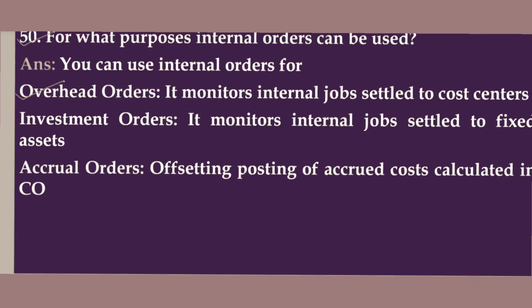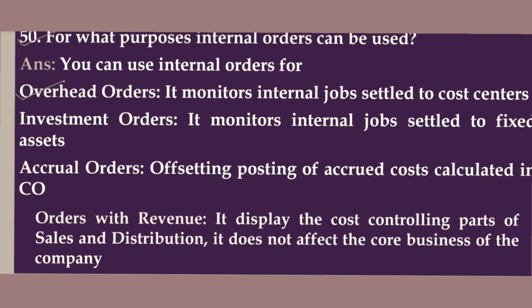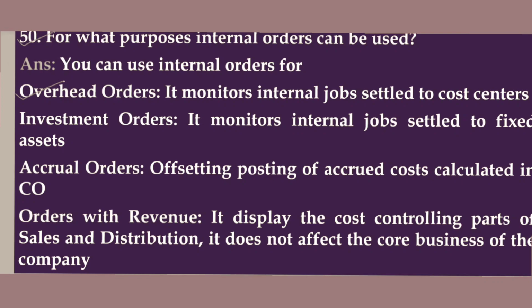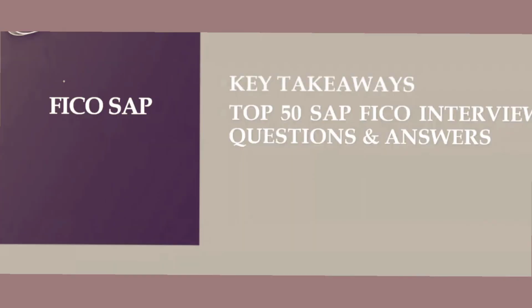Accrual orders are for offsetting posting of accrued cost calculated in cost controlling. Orders with revenue display the cost controlling parts of sales and distribution. It does not affect the core business of the company. So that's for what purpose internal orders can be used.